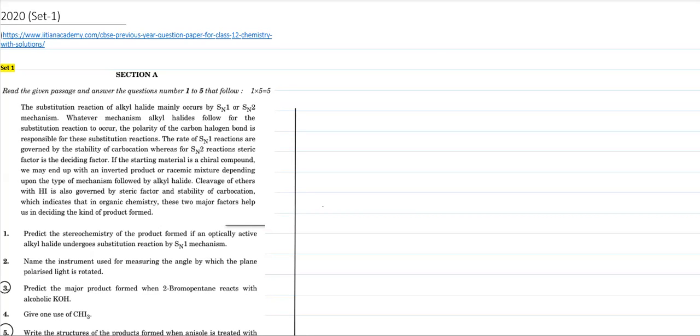That is the third one. Predict the major product formed when 2-bromopentane reacts with alcoholic KOH. So let's first draw the structure. This is question number 3. You have 2-bromopentane, which is CH3, CH.